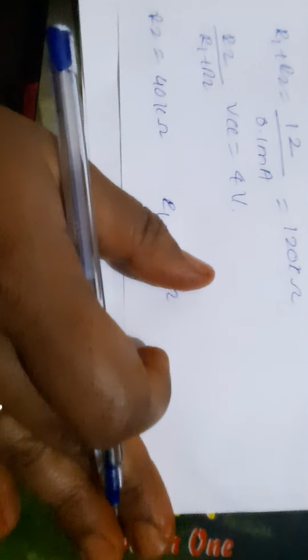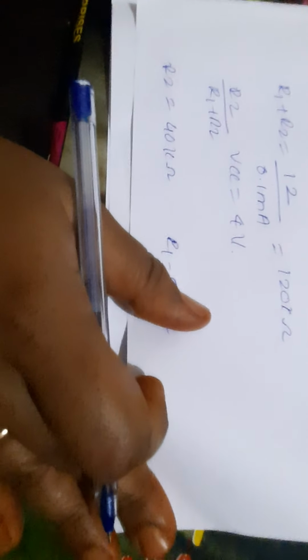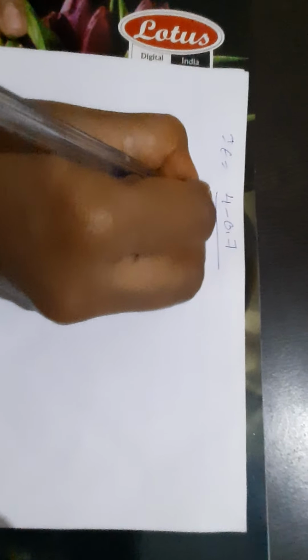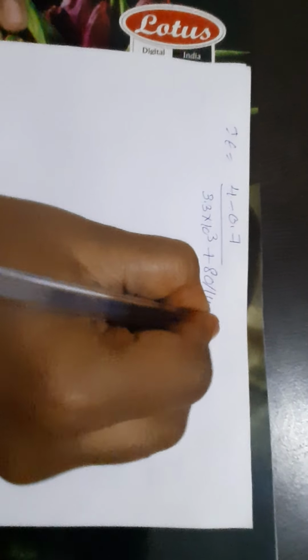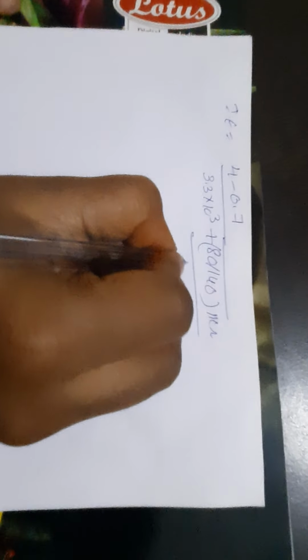At this point, it is desirable to find a more accurate estimate for IE, taking into account the non-zero base current. Then IE is given as 4 minus 0.7 divided by 3.3 into 10 raised to 3 plus 80 parallel to 40 into 1 kilo ohm divided by 101.